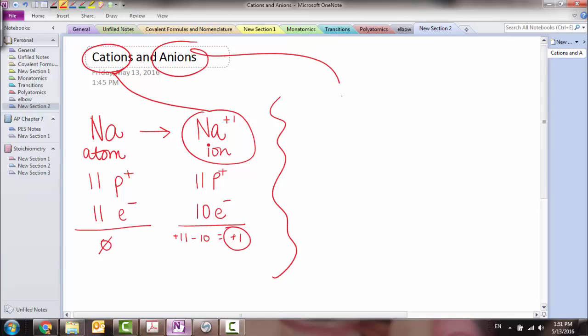And let's give an example of an anion now. Fluorine, the atom, is going to form a negative ion, fluoride. And that's how it's listed on your ion sheet, as fluoride. Fluorine, the atom, is number 9. So it has 9 protons and 9 electrons. So again, like all atoms, it's neutral.